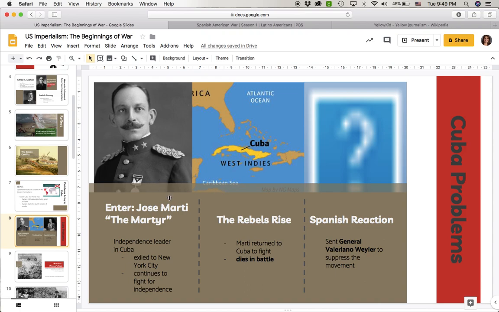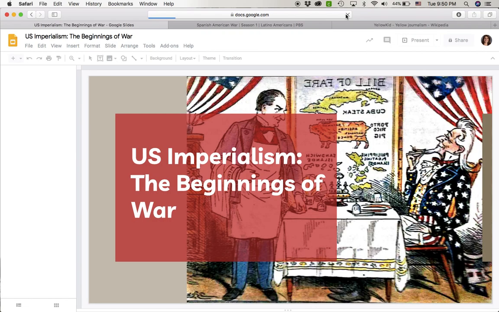Enter Jose Marti. Okay, so we have all this problem going on in Spain, in Cuba, and Jose Marti is like the George Washington of the Cuban Revolution. He is leading the Cuban rebels and doing everything he can, but he's kicked out and exiled to New York, but he doesn't stop with the movement.